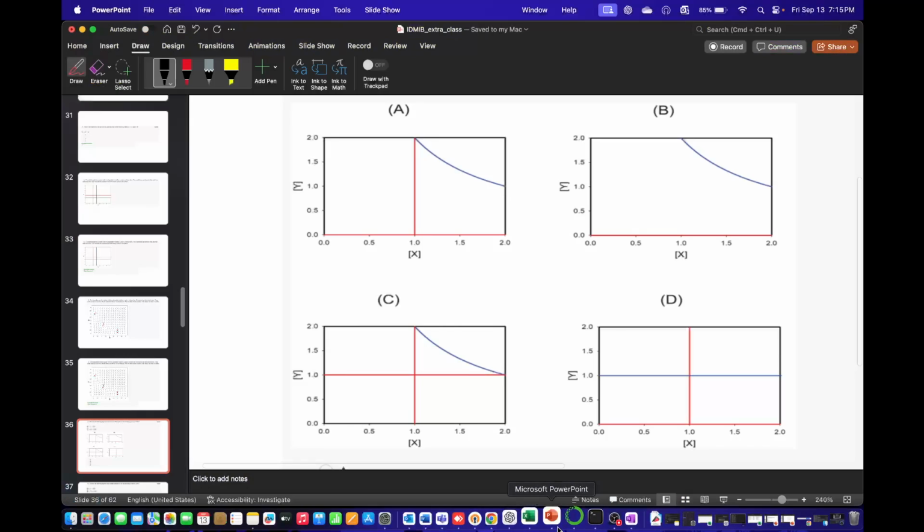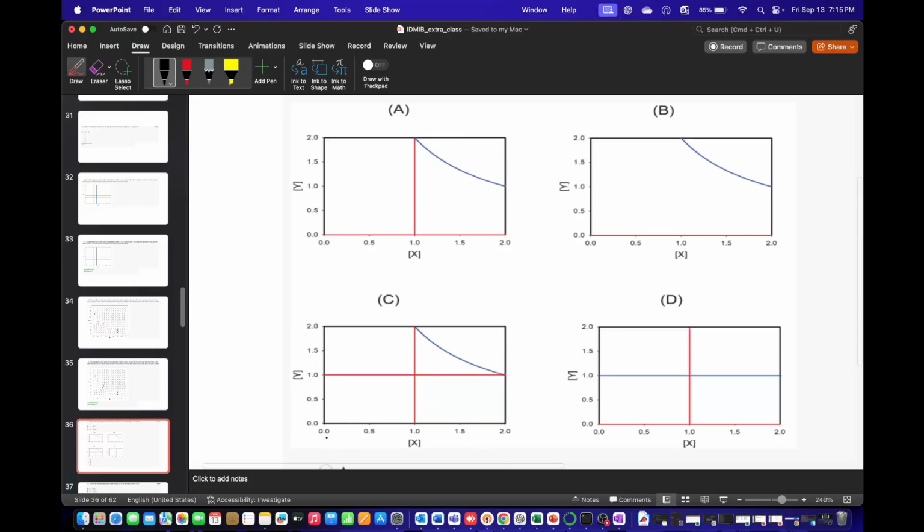In C, the x-axis is not marked. It's marked as x equal to 1, so this is not correct. This A is correct because this is the x-axis. This vertical line corresponds to x equal to 1, and this is the hyperbola corresponding to y equal to 2 by x, or x equal to 2 by y, right?